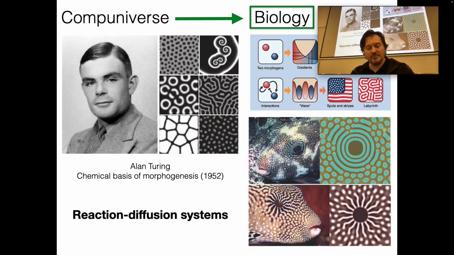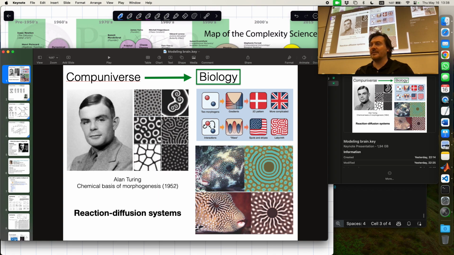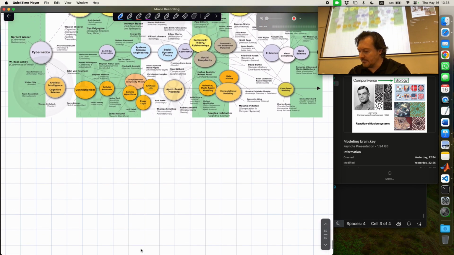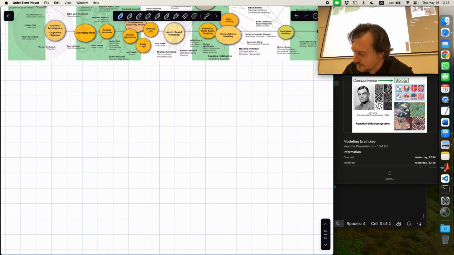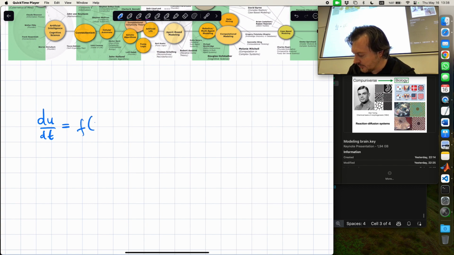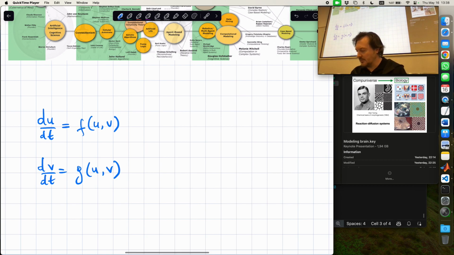Basically, imagine our systems with limit cycles. Okay, imagine you have a nonlinear system, F(U,V) and G(U,V), and it has a limit cycle. 56, 53.